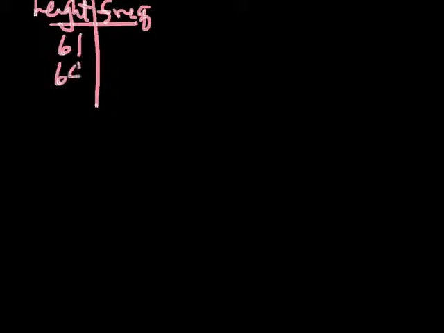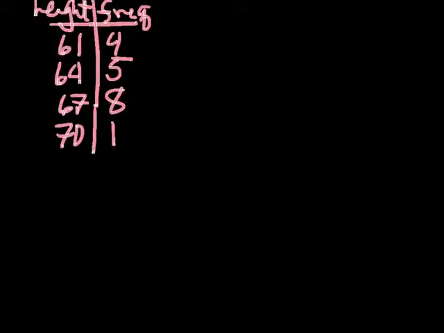Let's go ahead to the next page, and I'm just going to list that table of data again. All right, and let's call it height, and let's call this our frequency, and suppose we had 61, 64, 67, and 70, and then we had 4 people who are that tall, 5 that tall, 8 that tall, and 1 person that tall. So to find the weighted mean x bar, what I would need to do is add up all these numbers.